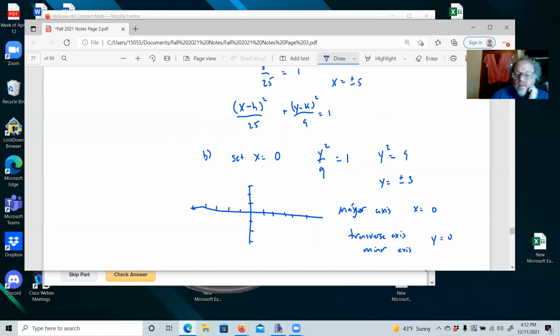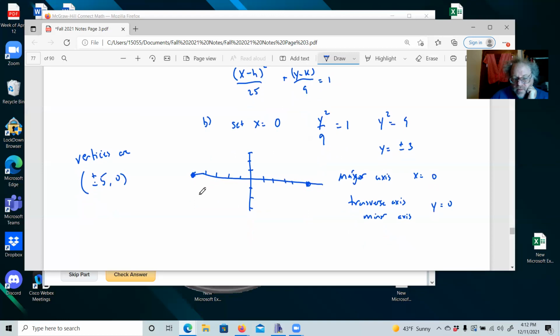Okay. So the vertices are along the major axis. So the vertices here are plus or minus 5, 0. Okay. I'm not really sure what the other points are called, okay, but the minor axis endpoints are 0, plus or minus 3.